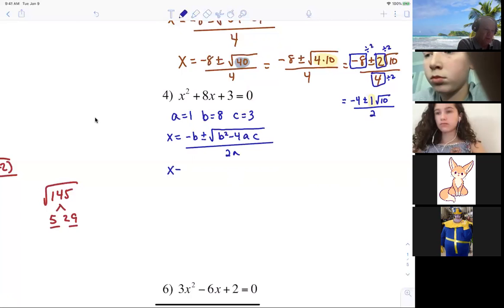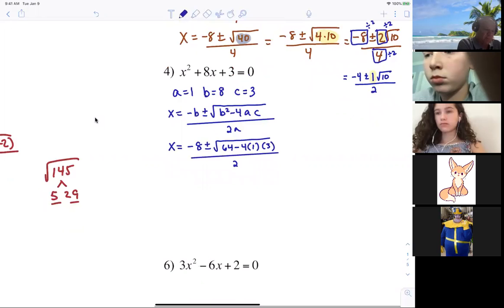So x equals -8 plus or minus the square root of 8 squared, again is 64, minus 4 times 1 times 3, all over 2.